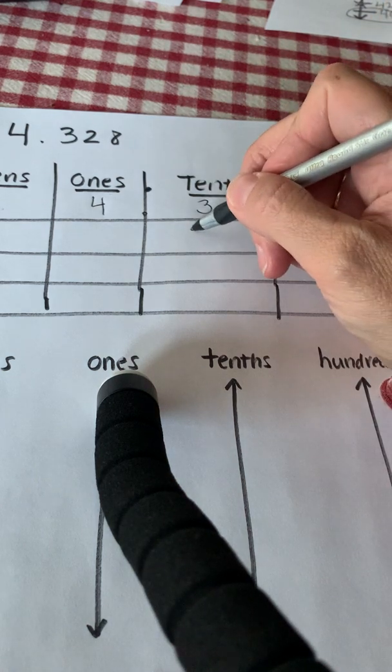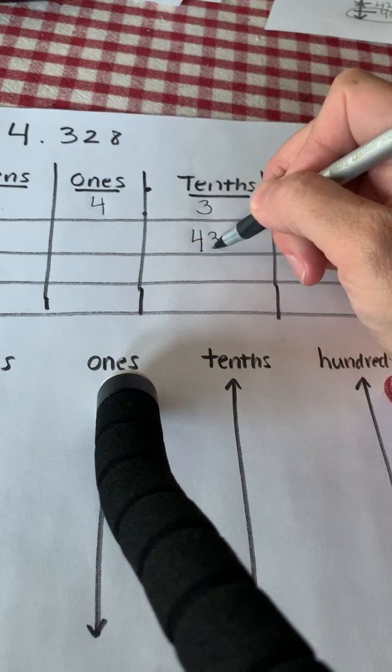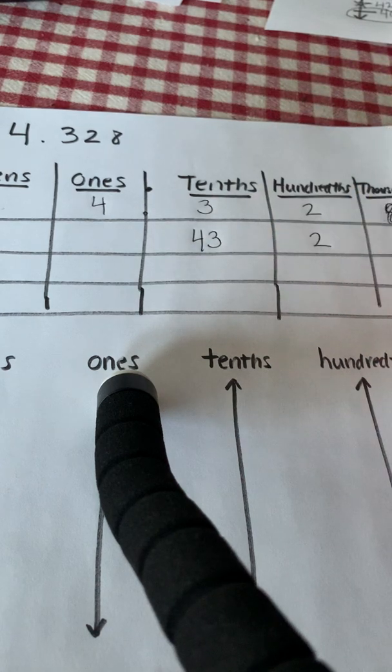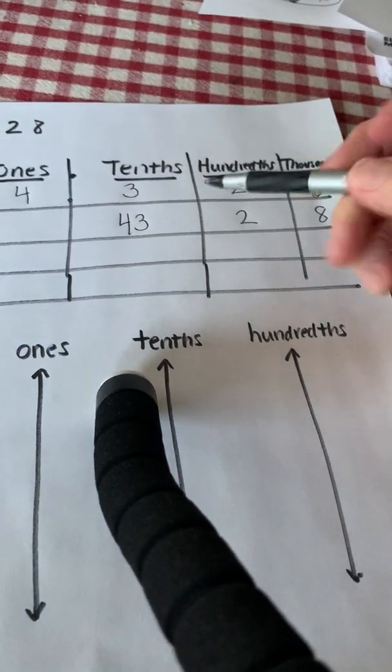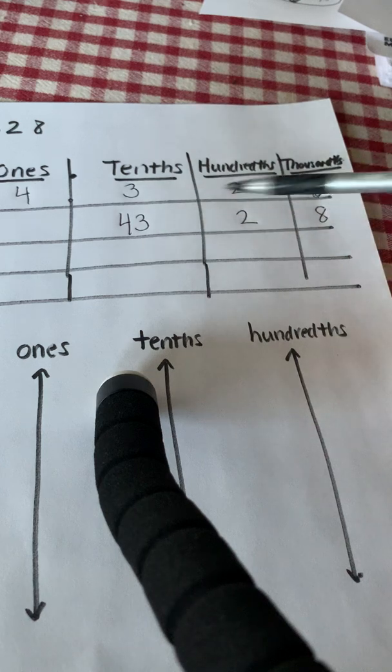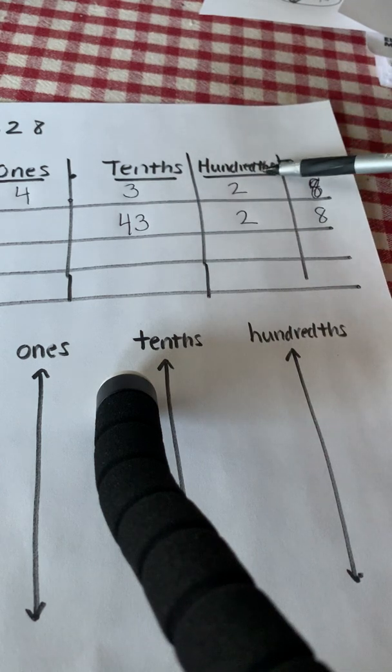Okay, I'm sure you wrote 43 tenths, 2 hundredths, 8 thousandths. Now press pause again, and this time rewrite this number with the most possible hundredths. Press play when you're ready to check your work.